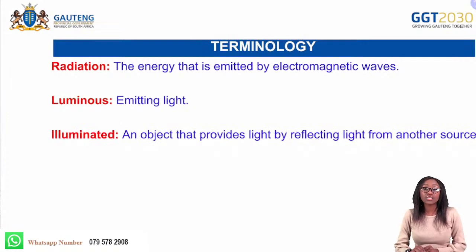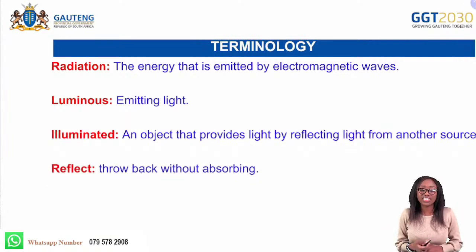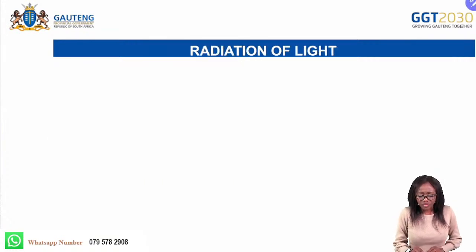An illuminated object is one that provides light by reflecting light from another source. And what is to reflect? It is simply to throw back without absorbing. You know how mirrors reflect us when we look at a mirror. So that is that. Now let's begin our lesson.